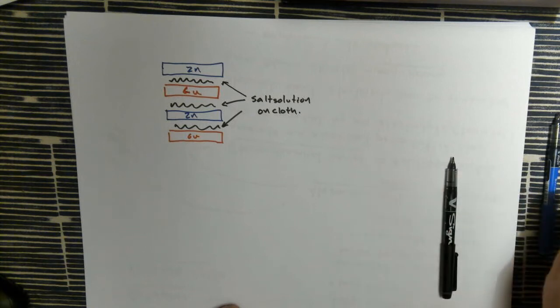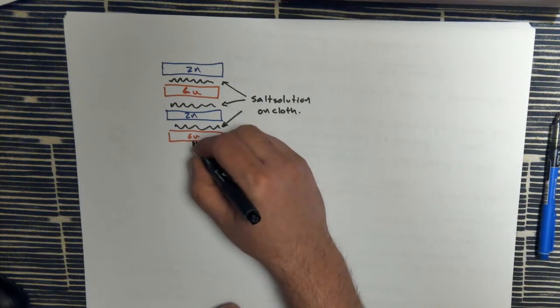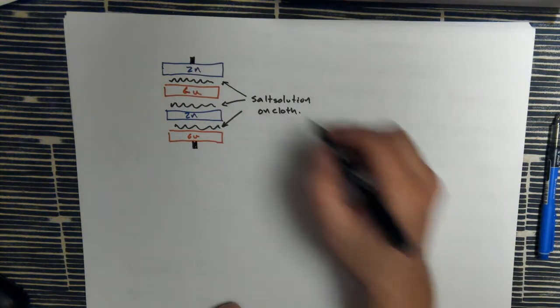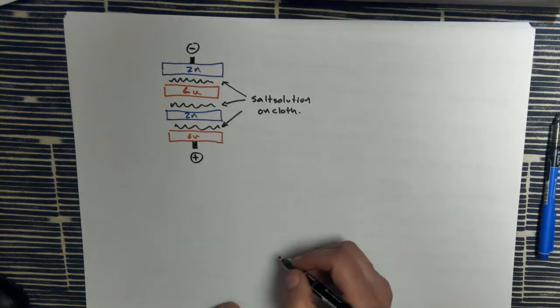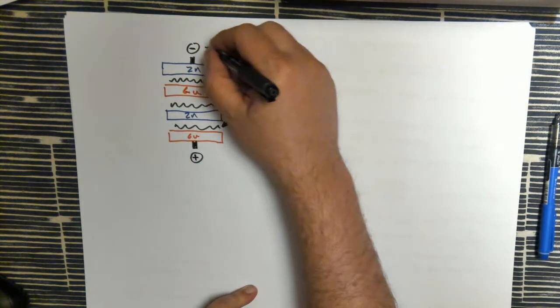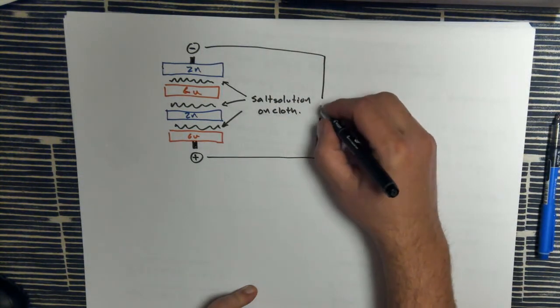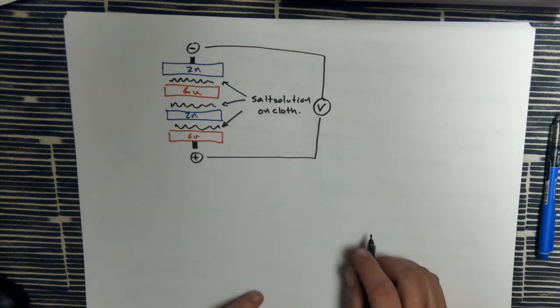And so if you add a connector down here and a connector up here, then you will get a minus pole and a plus pole. And in theory, if you connect this to each other via some sort of conductor, you get a voltage.